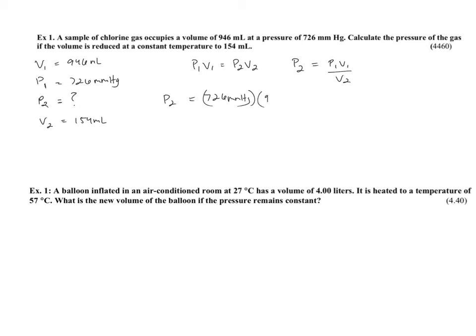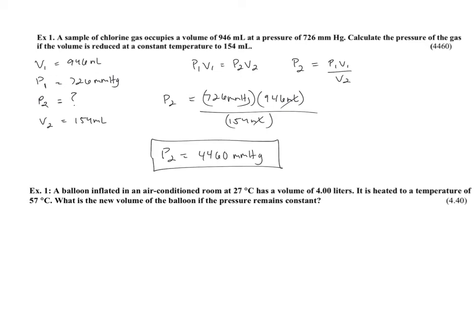V1, not V2, over, now V2. Milliliters cancel, leaving you with pressure units, which is what you want. And there we go. That's how you do a Boyle's law problem.